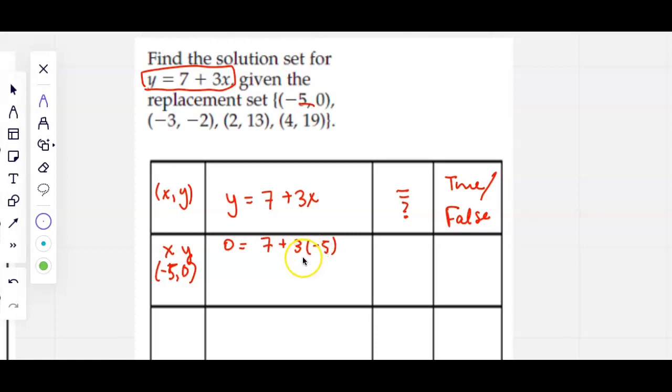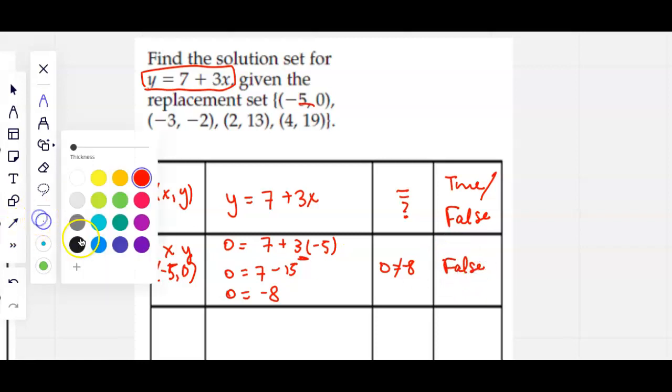And just order of operations kicks in, so we're going to multiply first. So 0 equals 7, and then 3 times negative 5 is negative 15. 0 equals 7 minus 15 is negative 8. We got 0 equals negative 8. That is not true. 0 does not equal negative 8, so that is false.